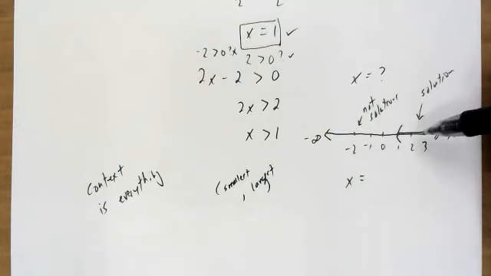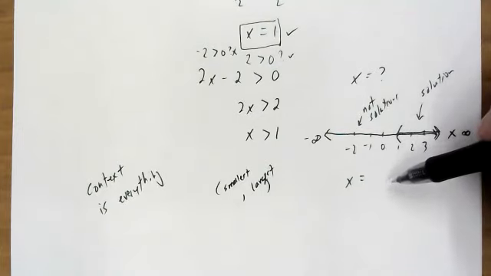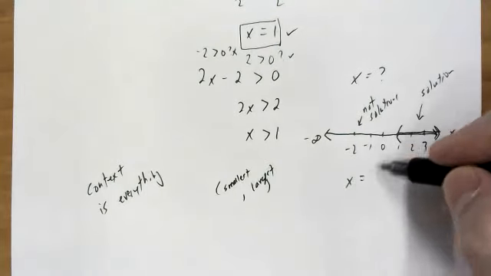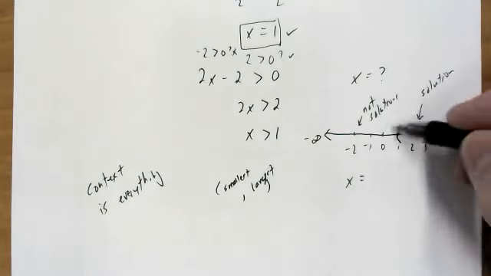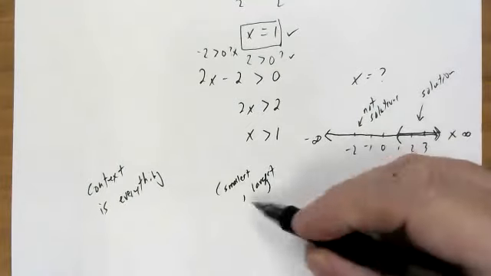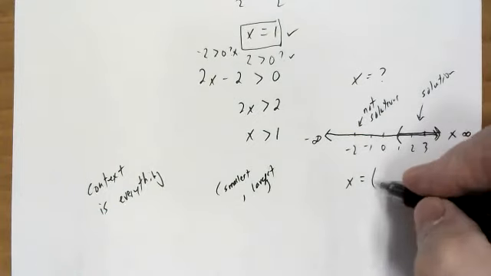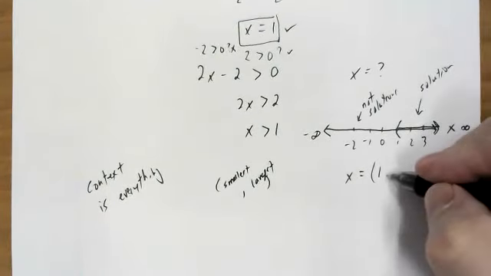And then once I have the number line, I create my interval. So for instance, if I want to express this whole range of numbers as an interval, if I say, what's the smallest number in this interval? Well, it starts here at 1. So I put a 1 here.